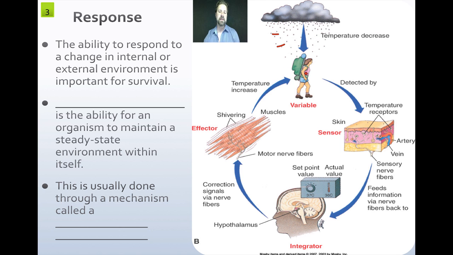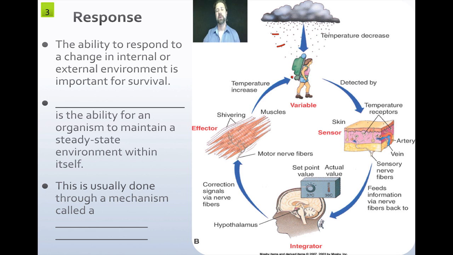So what her body is going to do is try to prevent it from dying by using an internal response mechanism. Her body wants to maintain a steady state. It doesn't want to decrease in temperature, because if it does, she may become hypothermic, and that could lead to her demise.